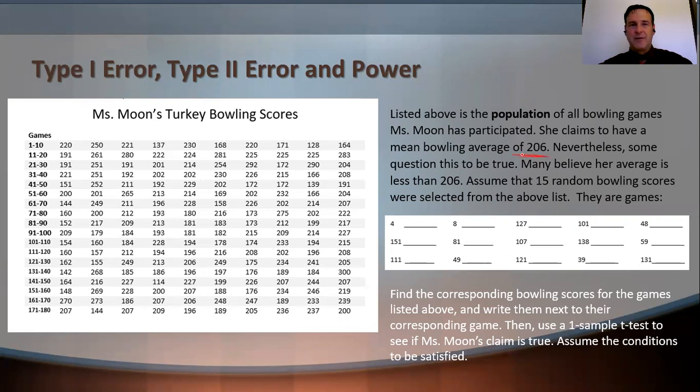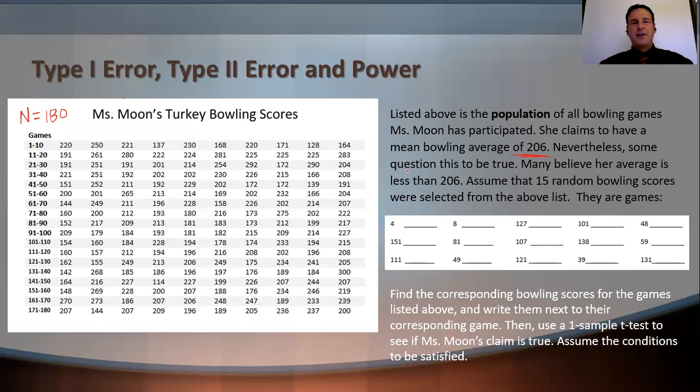She actually gave me her population data over here to the left. Here she showed me all of her games for the past 2 years, and this represents 180 different games. You can see they are titled off to the left here, games 1 through 10, 11 through 20, and so on, all the way to 171 to 180, and the respective 10 scores for each row are counted to the right.